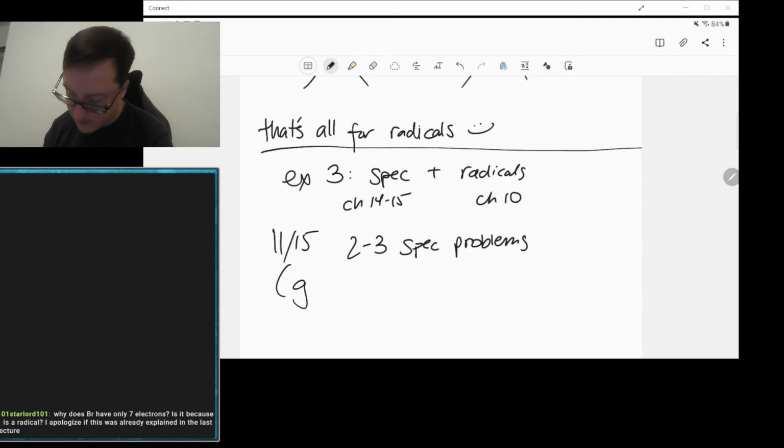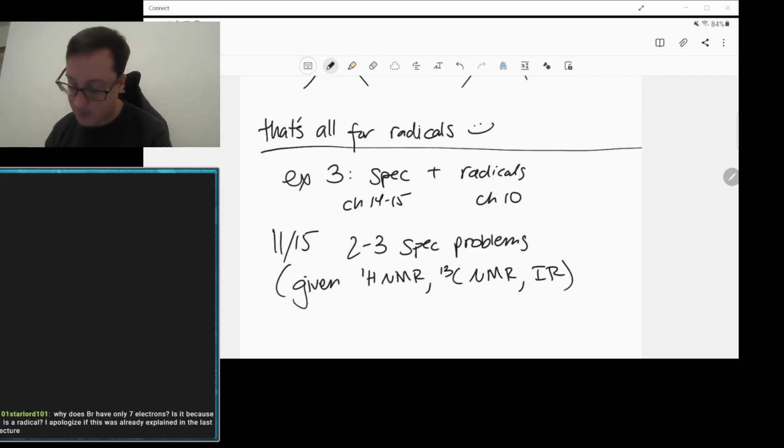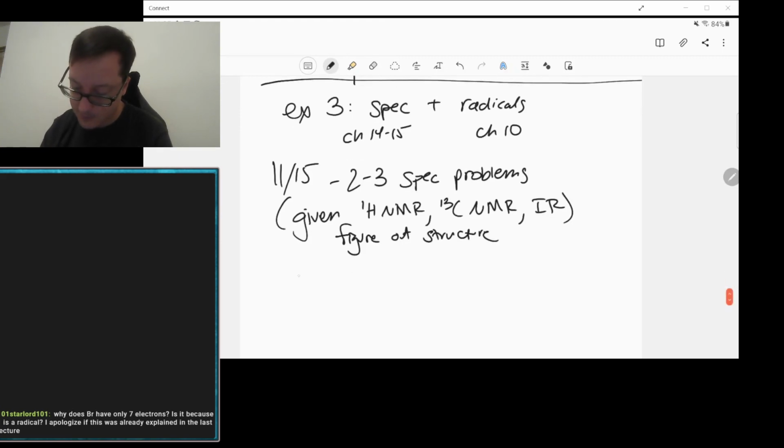which means you're given, you're going to be given those 3 spectra, figure out the structure. You may have some conceptual NMR stuff.